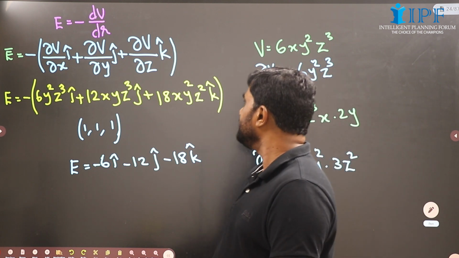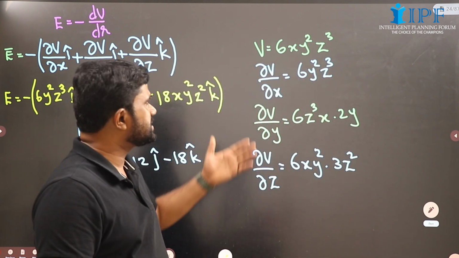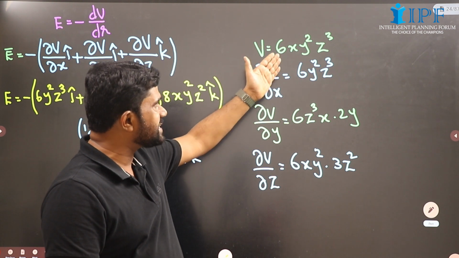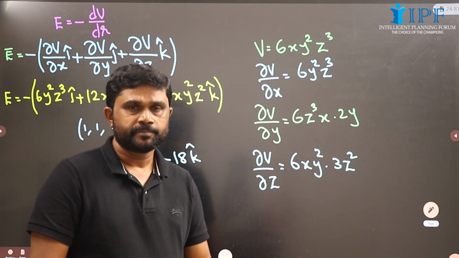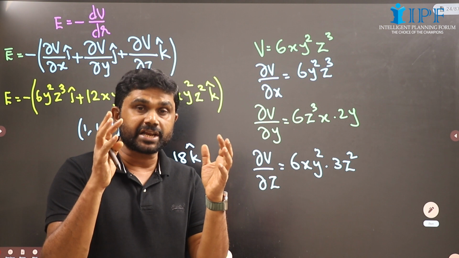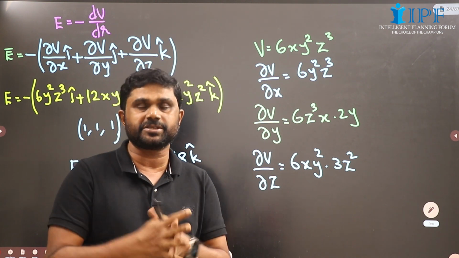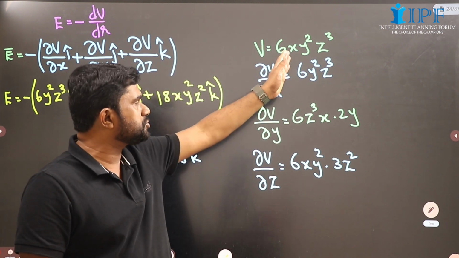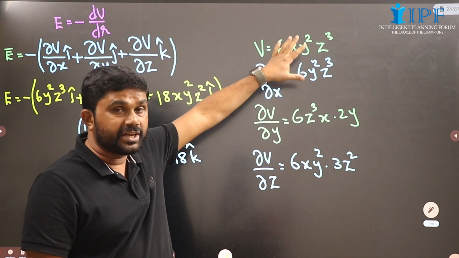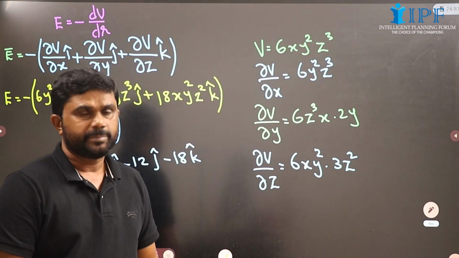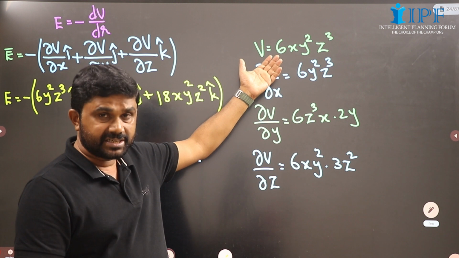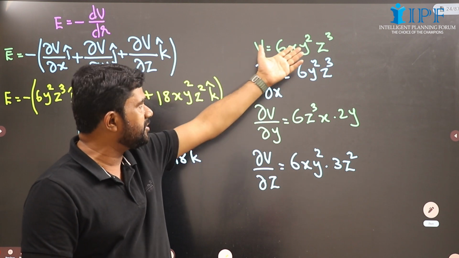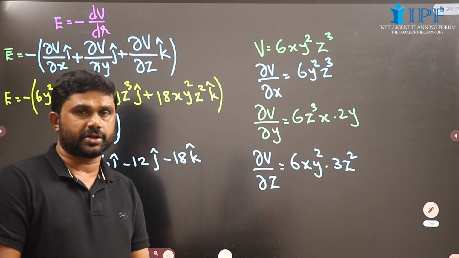Now see, suppose we have a scalar function V equals 6xy square z cube. If you want to find the potential at any point in three-dimensional space, you will have to put the values of x, y and z coordinates in this formula. Means the potential at a general point is given in terms of its x, y and z coordinates.